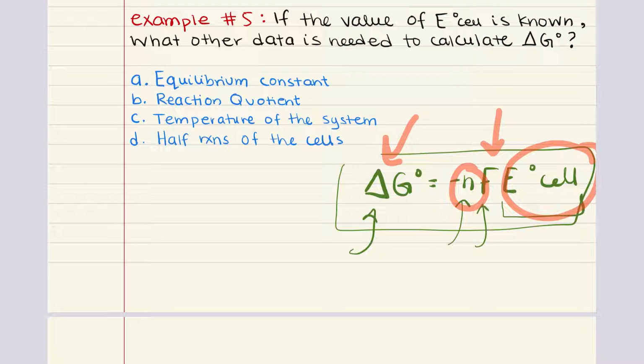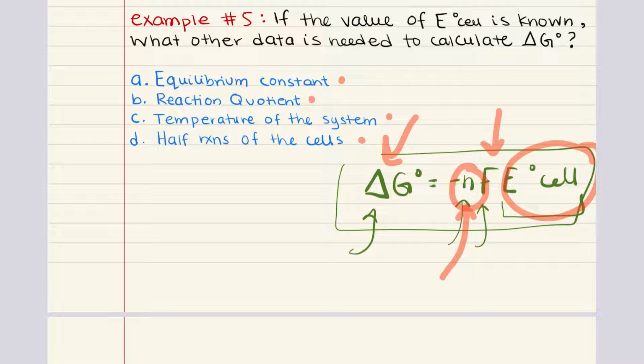Now, looking at our answer choices, A says equilibrium constant, B says reaction quotient, C says temperature of the system, D says half reactions of the cells. Here, option D is exactly what we need to figure out n if we want to use this equation. The half reactions provide the information about the number of moles of electrons that are transferred in the overall redox reaction.